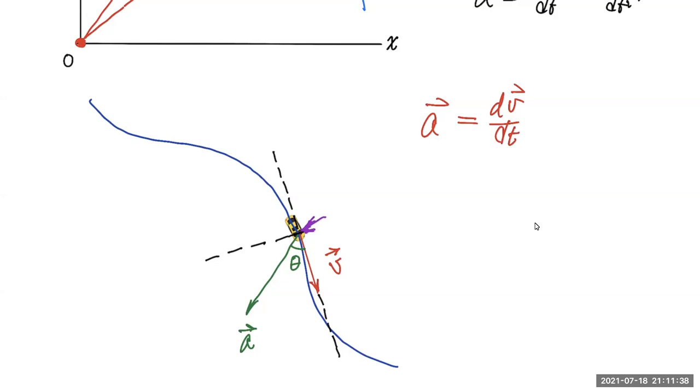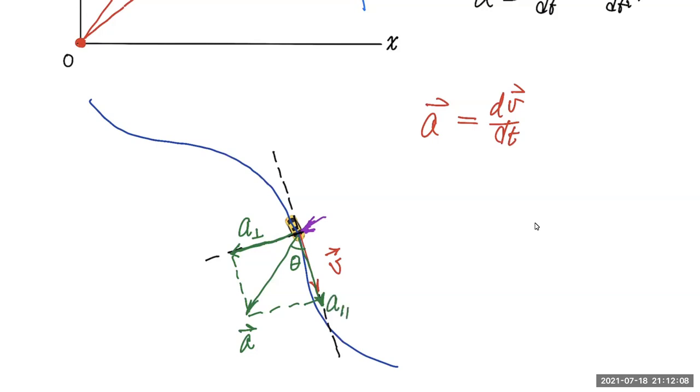One is along the direction of motion. The other is perpendicular to the direction of motion, right? I can always do that. I can break it down into these two components. This component is a perp, meaning perpendicular to the direction of motion. That component is a parallel because it's parallel to the direction of motion.